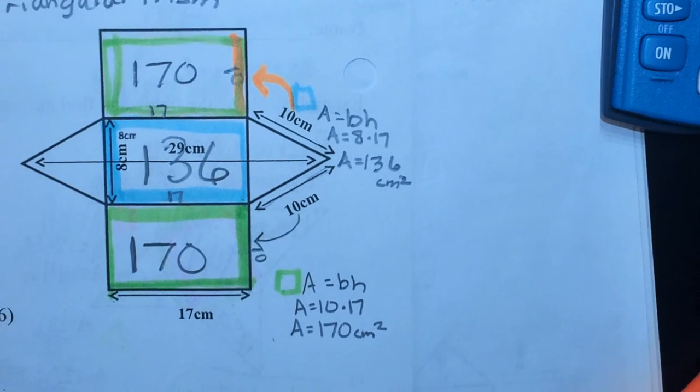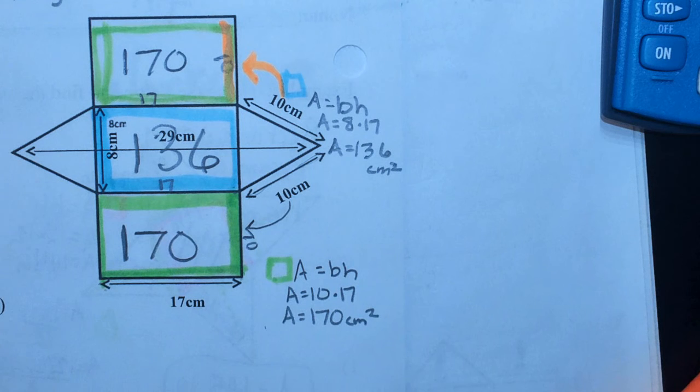Now, the triangle is what almost tricked me up. You need a base and a height for a triangle, and it needs to be at 90 degrees. Hint, hint. Please look up here.